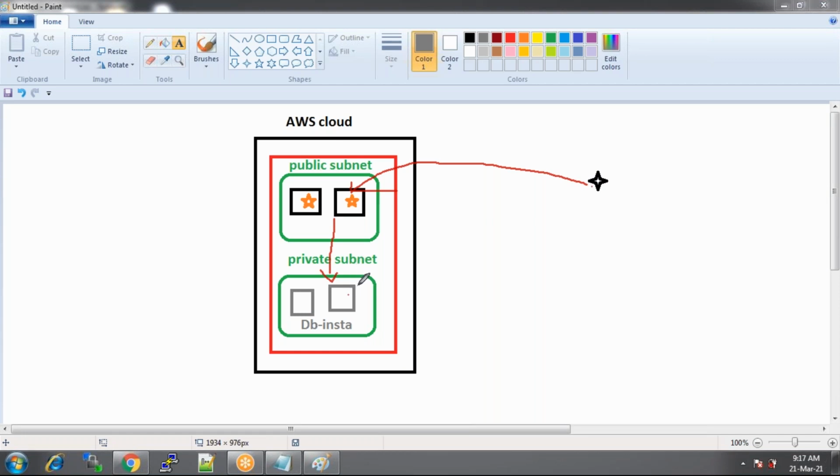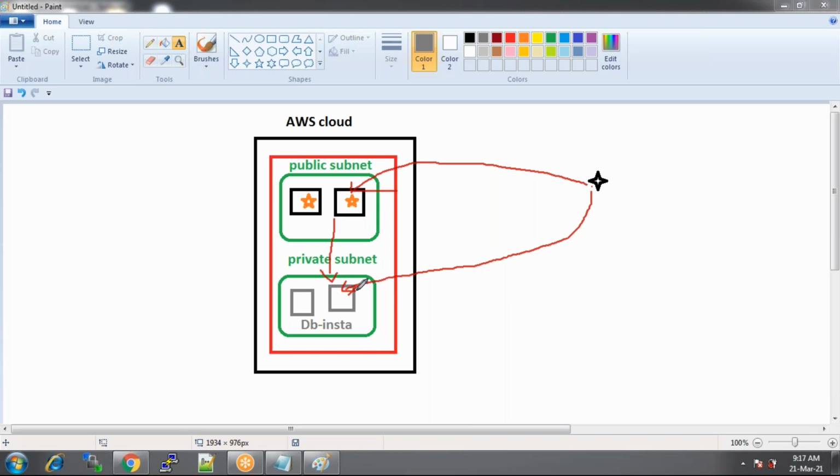So that if any user wants to access the database, for example, this is an EC2 instance, and as a user I want to do SSH, or I want to log into the database, can I do it?